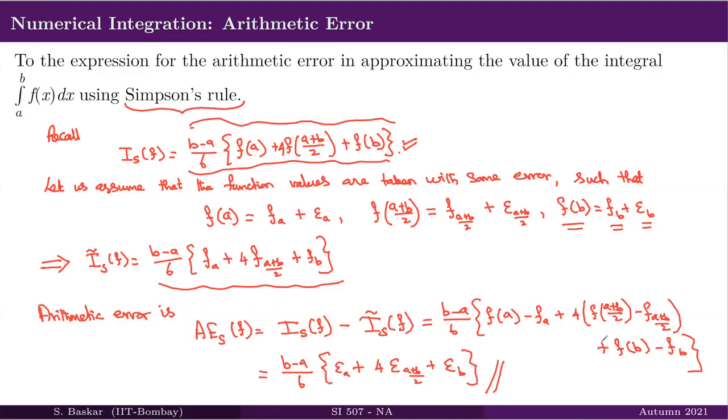In fact, this idea can be followed for any formula that we come across. If you know the exact values of epsilon a, epsilon (a plus b) by 2 and epsilon b, then we can of course find the value of the arithmetic error exactly. But often we do not know what it is, but we know certain estimates for epsilon.